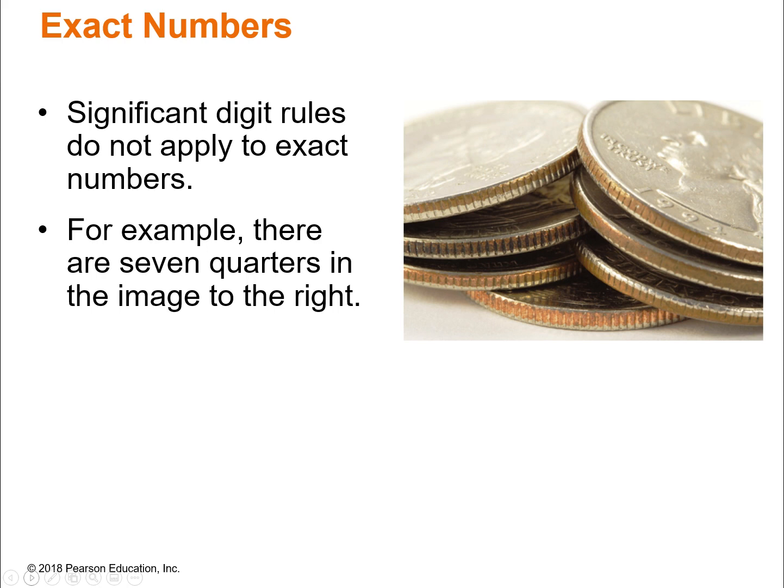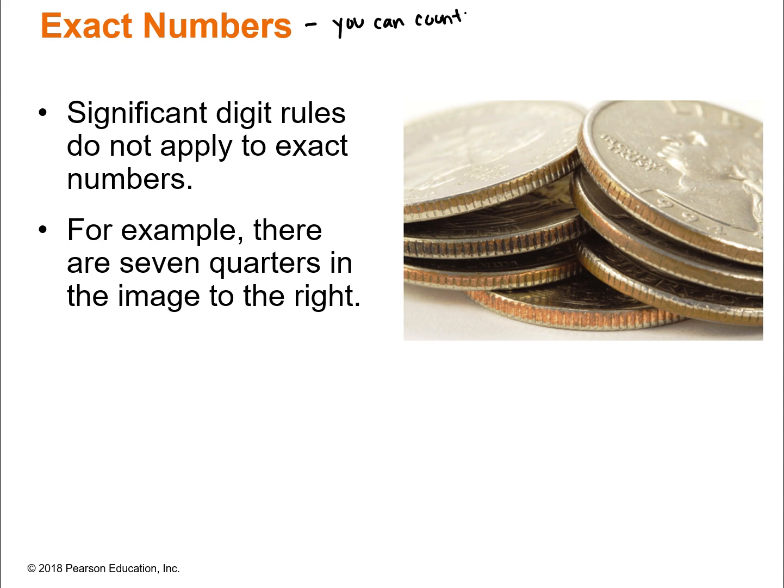So the example here, we know that there are 7 quarters in this image here. We can count them. We don't have to try to guess, oh, maybe there's a third of a quarter. No, you either have a quarter or you don't. For exact numbers, you can count them.